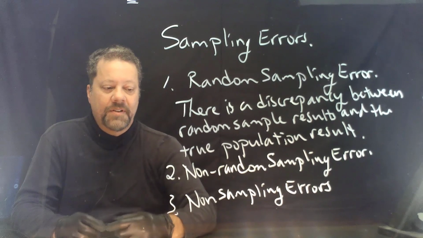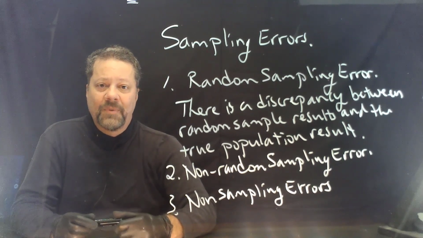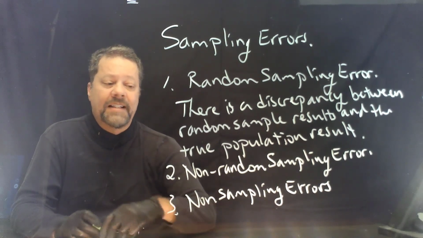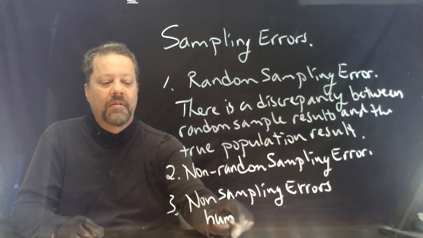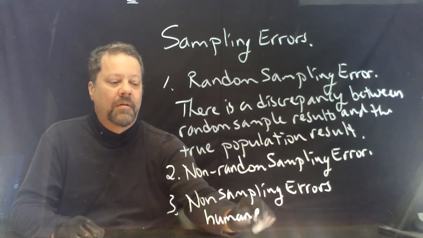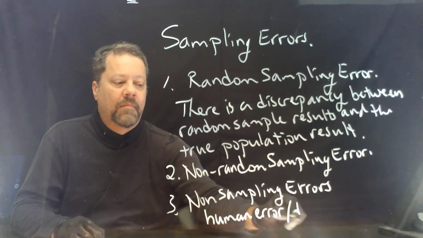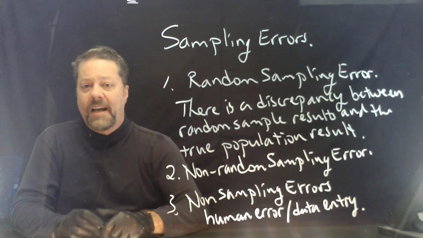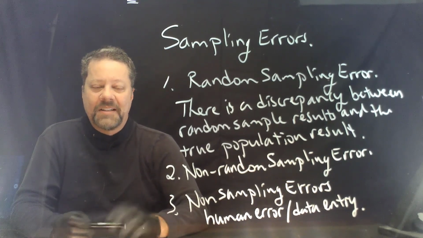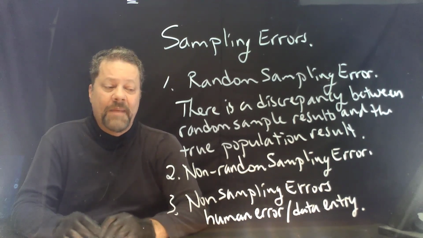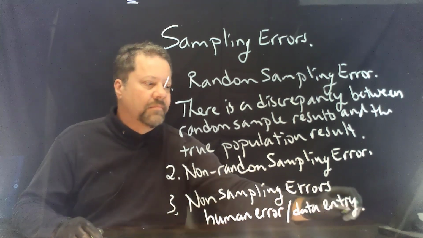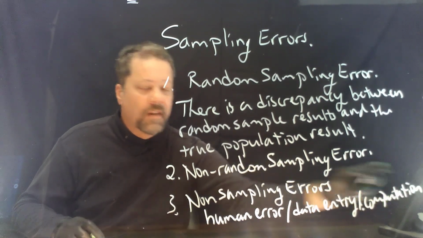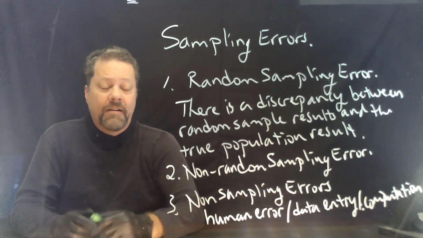Through just the nature of being humans, we could introduce some kind of human error into the process, or even a data entry error. You might type one too many zeros on some particular data value. You might make a computational error. An error in just your calculation, an error in arithmetic.